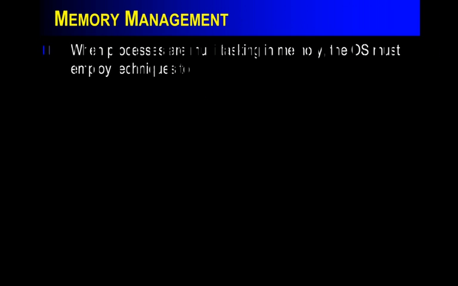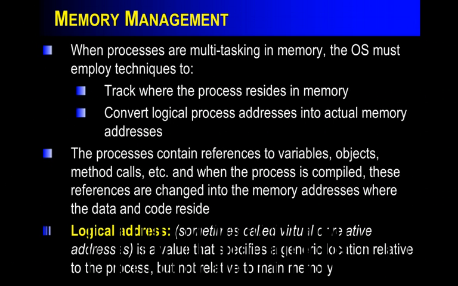Okay, memory management. So the OS needs to track, remember processes are apps, track the processes that are in memory. So the OS needs to know what it's running, right? It needs to know what all the apps are that I'm currently running. It needs to convert those processes into actual memory, right? So it goes, oh, I want to run Word and Chrome and Excel at the same time.